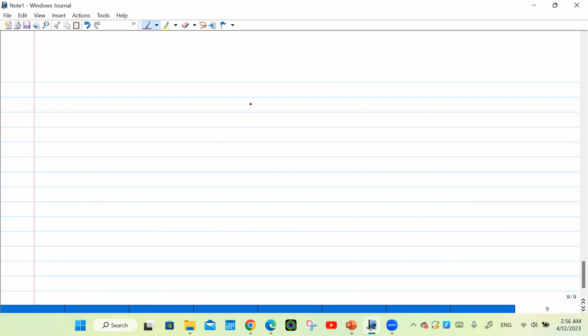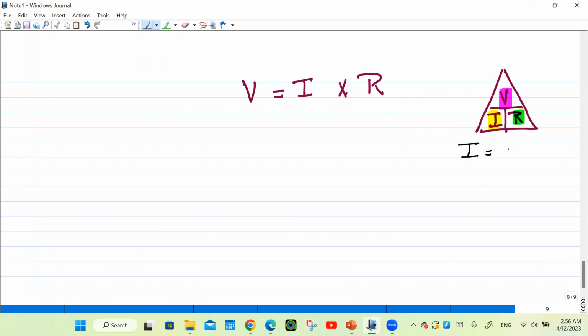This is called the magic triangle because we can calculate the current as the voltage over the resistance, or the resistance as the voltage over the current, or the voltage, of course, by multiplying current times resistance.